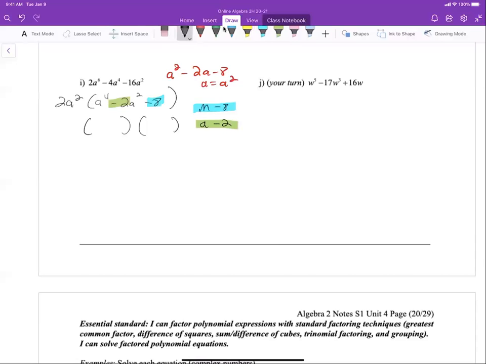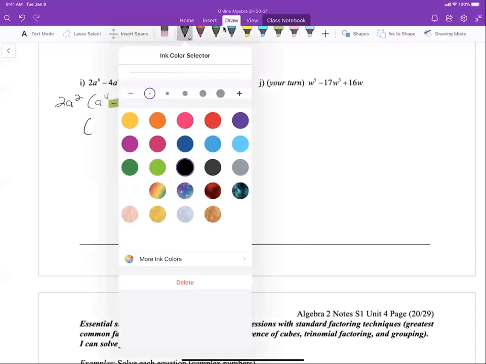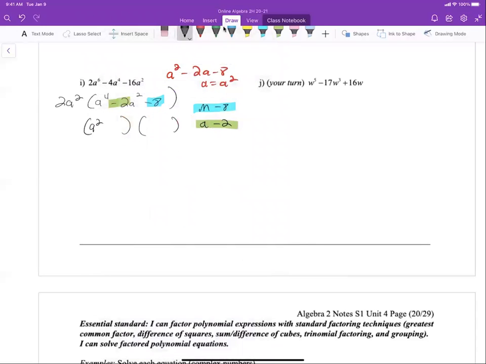And that would be -4 and 2. So I get a squared because it's quadratic over a squared, not just a. And then I get a squared plus 2. And I still have my 2a squared.